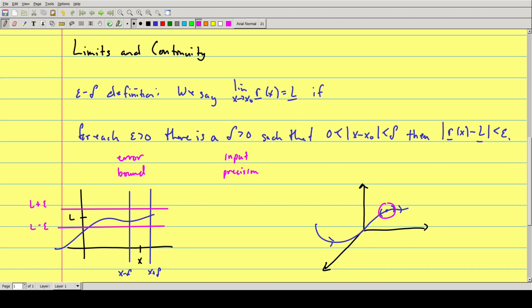Okay, so you specify the radius of a sphere that the answer has to end up in, and then I have to tell you how small delta is in order to make sure that the function is there. And if for every epsilon there is a corresponding delta, the limit exists. Okay, it's basically the same thing.